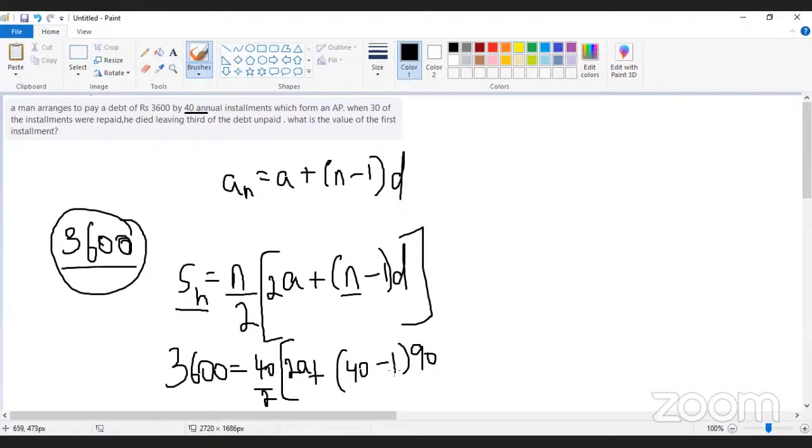This is the way to substitute for the sum of AP. Check it and tell me what the a value is.